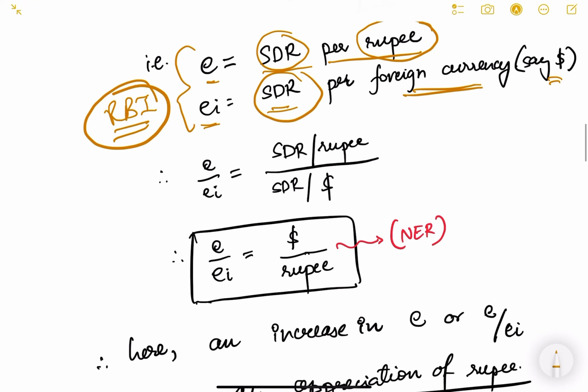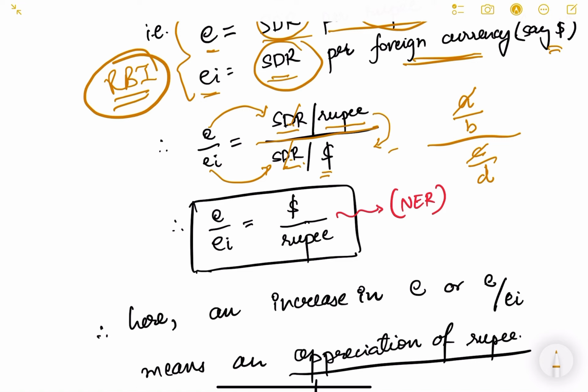Dollar will go into the numerator and rupee will come into the denominator, because it is essentially like this: A upon B divided by C upon D. Here A and C are the same, SDR, so A and C get cancelled. Now D is in the denominator of the denominator, so it becomes the numerator, and B is in the denominator of the numerator, so it remains the denominator. So it becomes D upon B. That is how it happens.